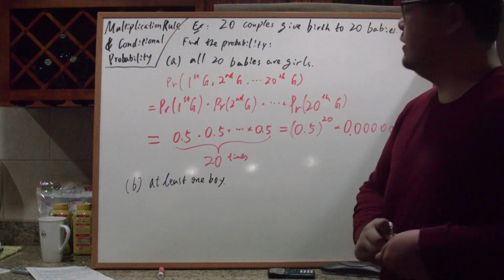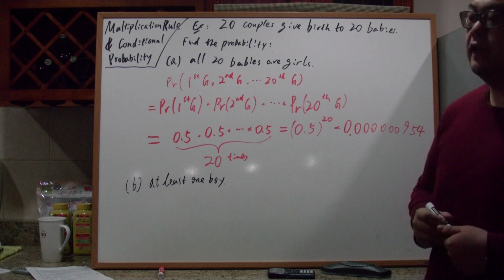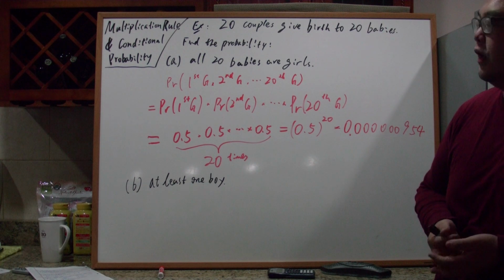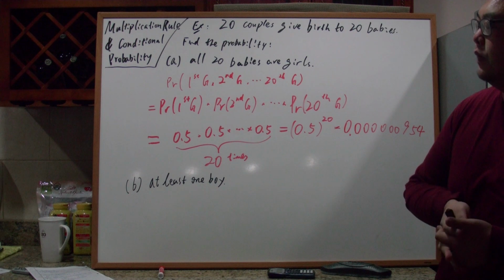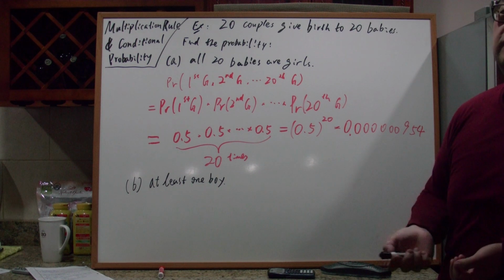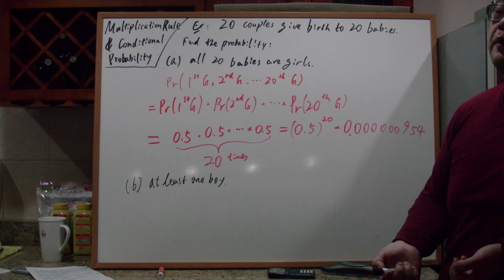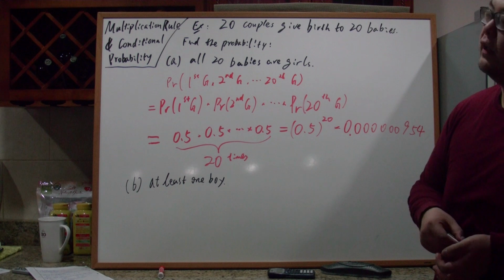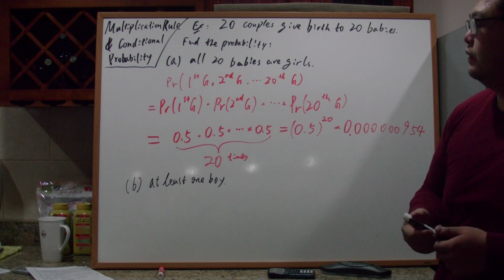Well, when at least one boy is being asked, if we do it straightforwardly, that will be very hard, and we don't have a way to do that yet. At least one means one boy, or two boys, or three boys, or four, or five, all the way to 20 boys. Well, that's very hard.